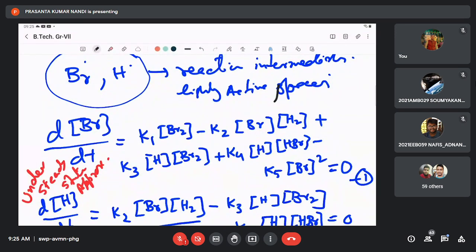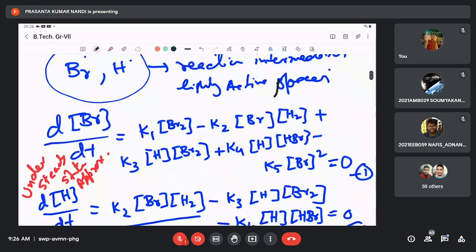That means the rate at which they are produced will be exactly or almost equal to their rate of consumption or disappearance. So their rate of generation and rate of disappearance would be nearly equal, as you know. So let us first find the rate at which they are produced, or the overall rate of accumulation of these free radicals.